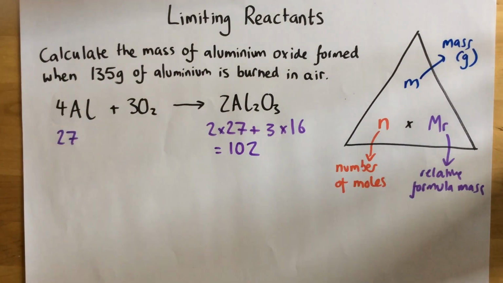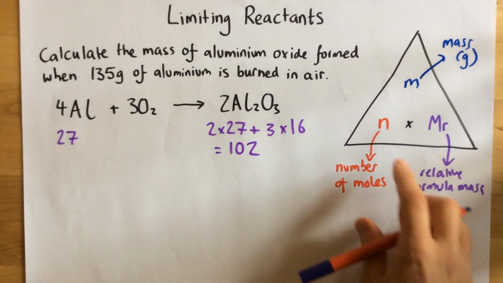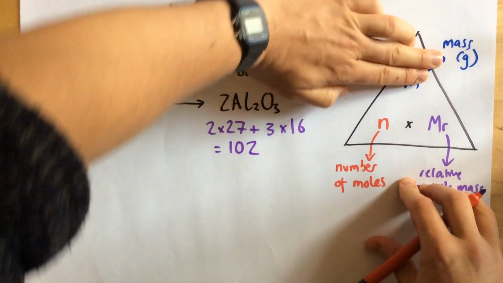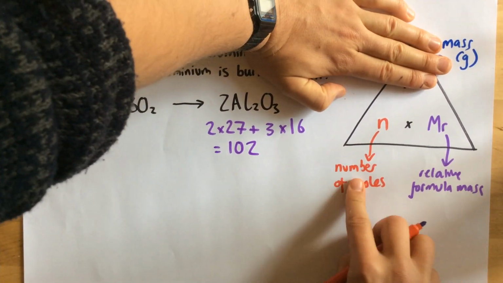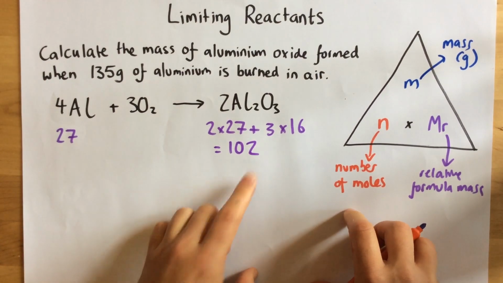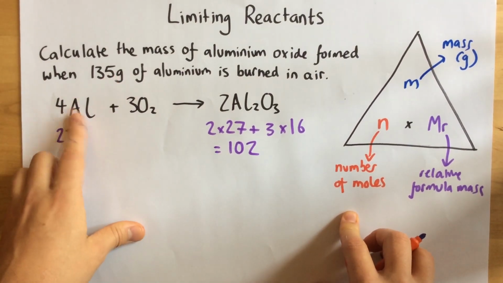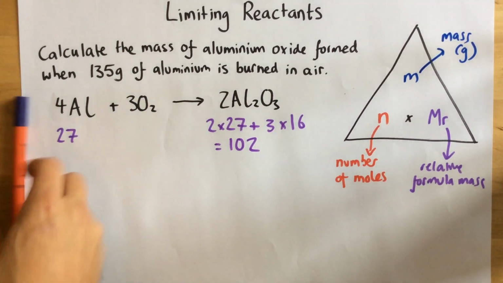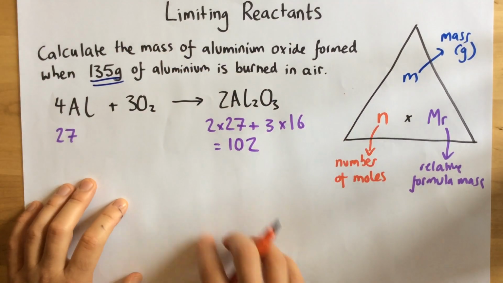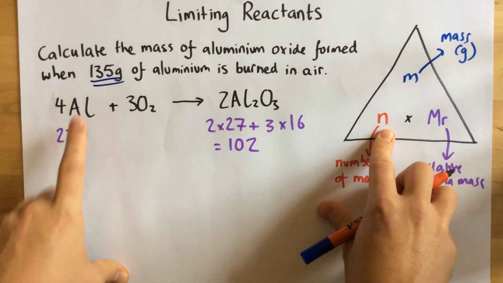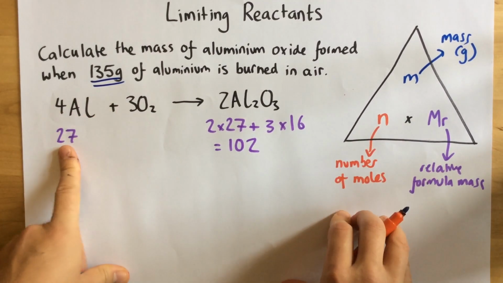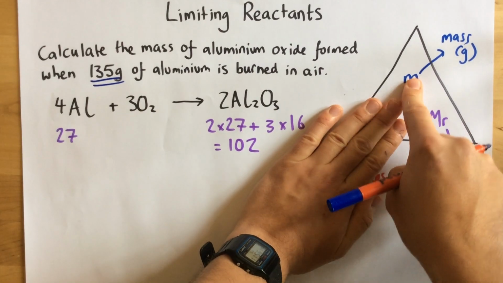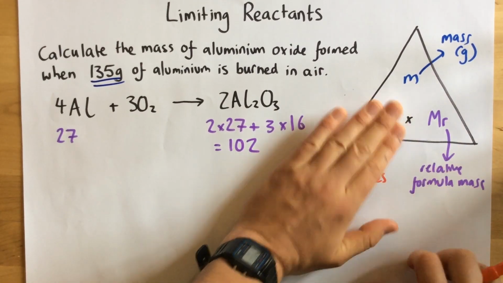Now, at the moment, I can't find the mass of this because I need information about the relative formula mass and the number of moles. However, I do know the mass of aluminium because it says I've got 135 grams. So that's my mass of aluminium right there. To find the number of moles, I need to do the mass divided by the relative formula mass.